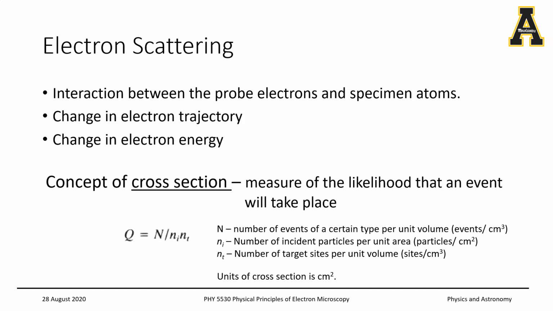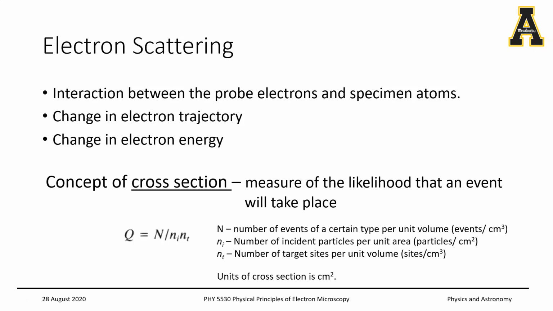Okay, so in order to understand the concept of scattering, you need to understand the concept of cross section, right? The cross section is a measure of the likelihood that an event will take place. The mathematical definition is Q is equal to N over Ni times Nt, where N is the number of events of a certain type per unit volume. The event in this case is going to be scattering, and the amount of scattering that occurs per unit volume is what N represents.